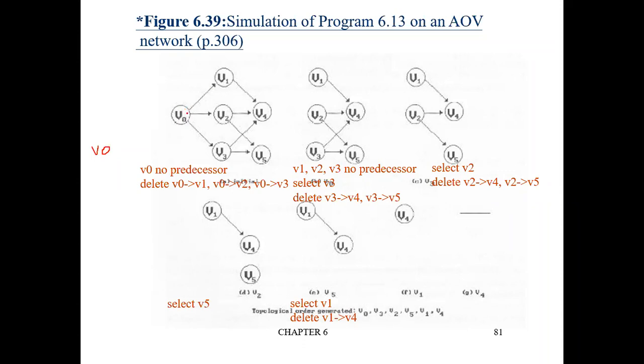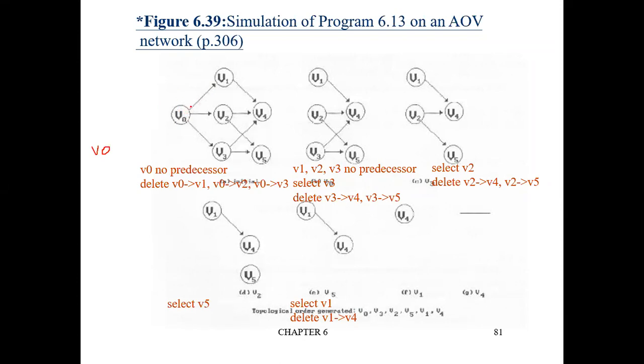What are the edges starting from V0? How many edges are arising from V0? 3 edges.